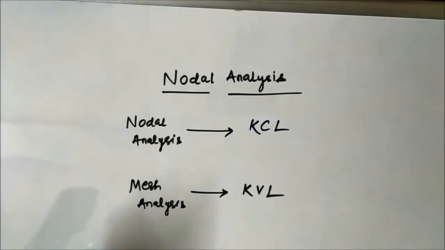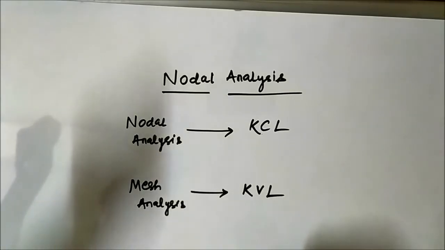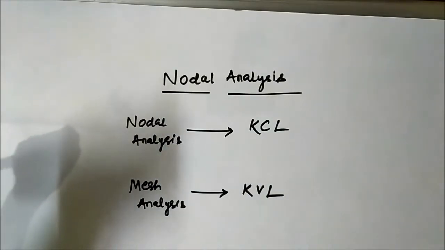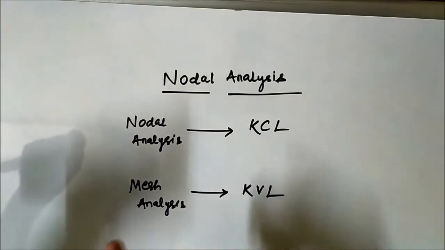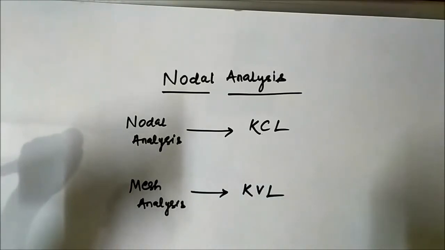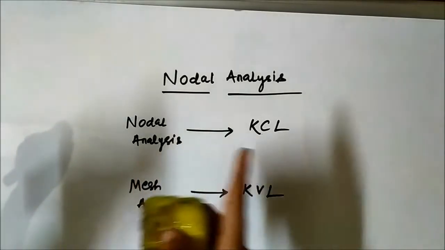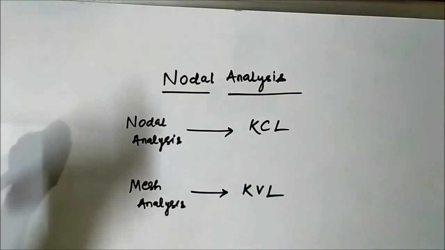We all know what Kirchhoff's current law and Kirchhoff's voltage law are. KCL: the summation of currents at a particular point is 0. KVL: the summation of voltages and voltage drops across circuit elements in any closed path is 0. So this is very important. Nodal analysis is based on KCL.